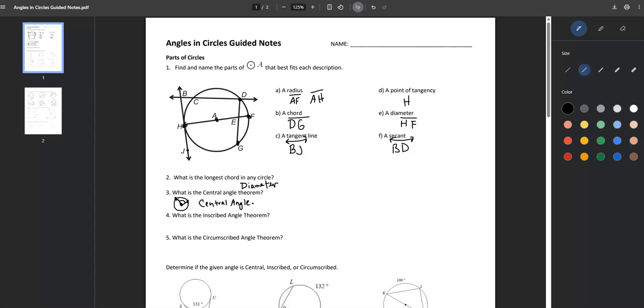Okay. And it's going to be measured by a degree or a radian. That is going to be equal to the rotation of the intercepted arc.